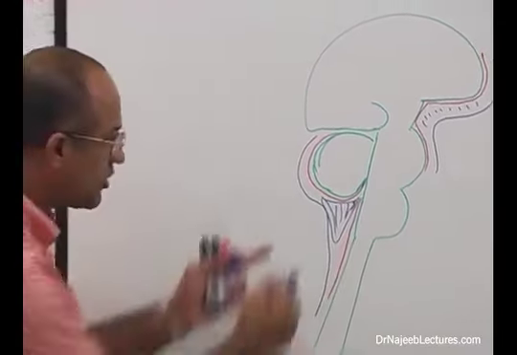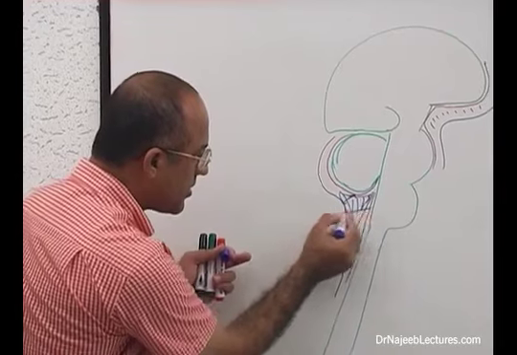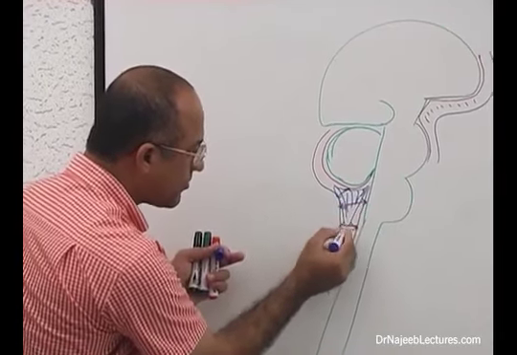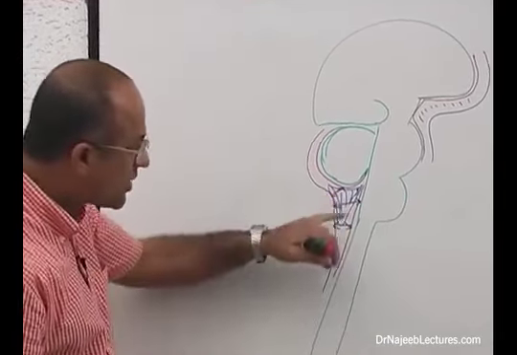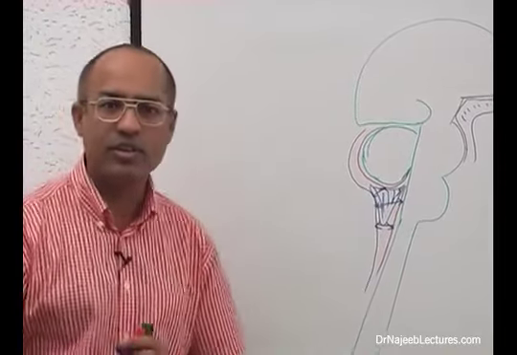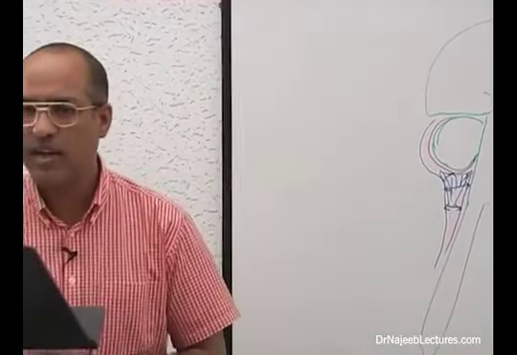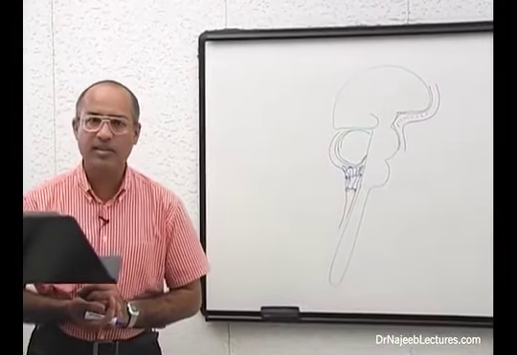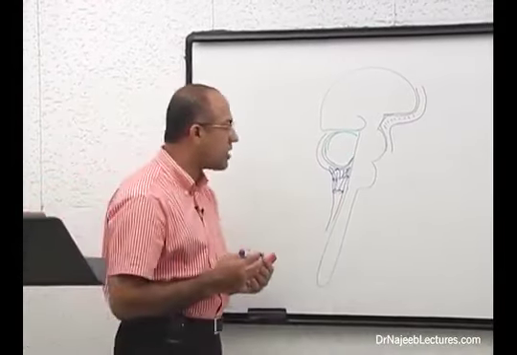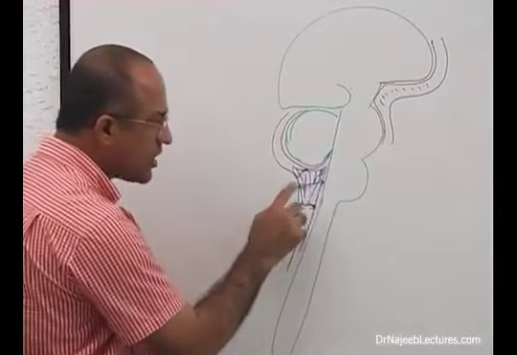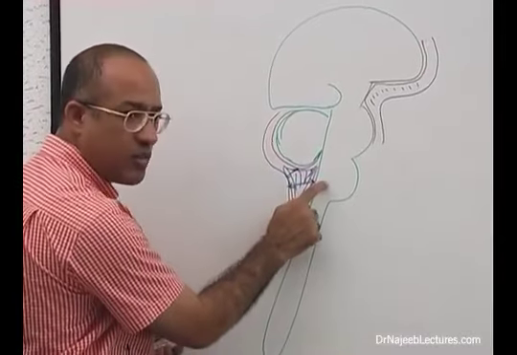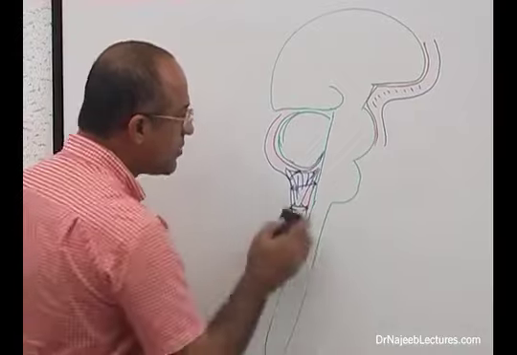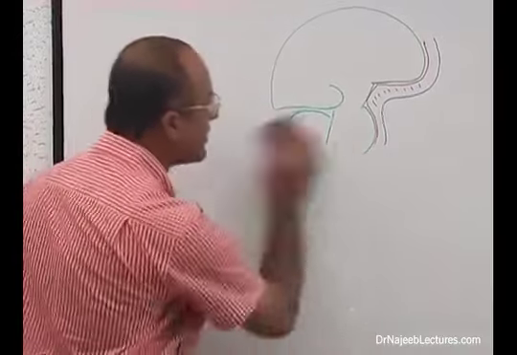Large, because there's too much difference between the pia and arachnoid. This should be called a cistern, a CSF filled cistern, and this cistern is called the cerebellomedullary cistern. What is the cerebellomedullary cistern? A cistern between the cerebellum and the medulla. Is that right?